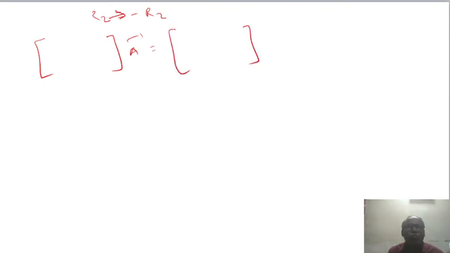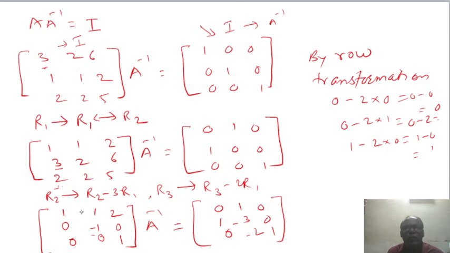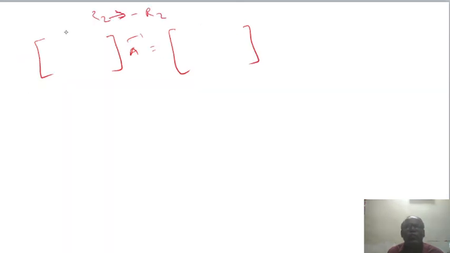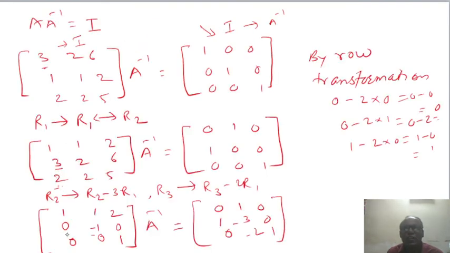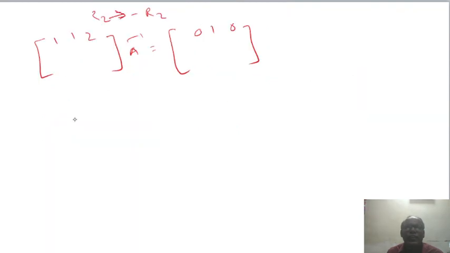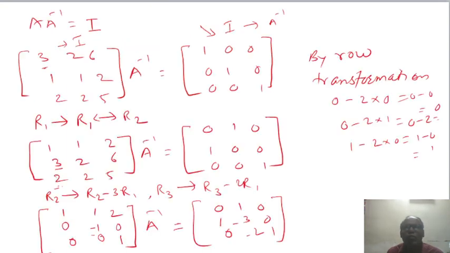Now first what we have? We have 1, 1, 2. What we write here? 1, 1, 2, 0, 1, 0. This is nothing but your first row. Second, after multiplying by minus 1, 0 into minus 1, what we get? 0, 0, 0, 1, 0. Then what about the right hand side?